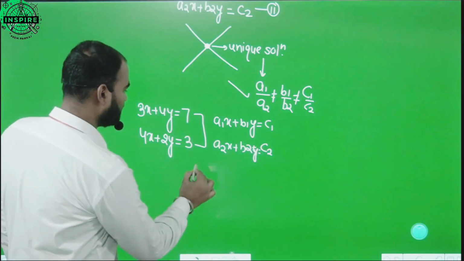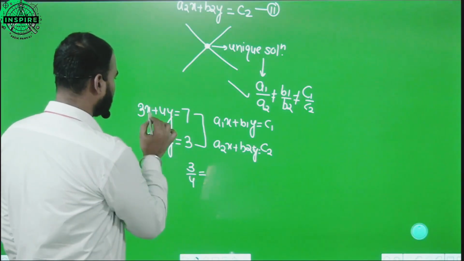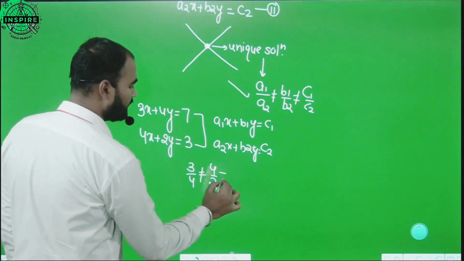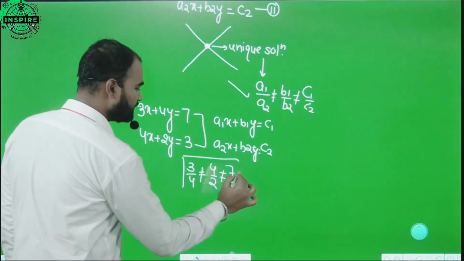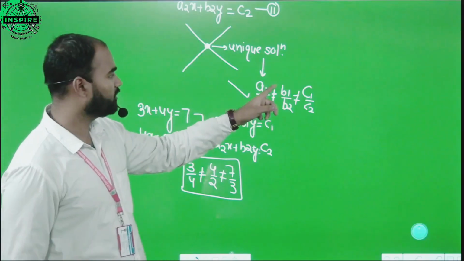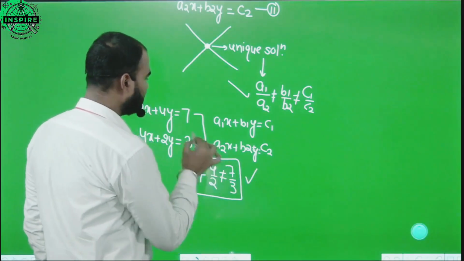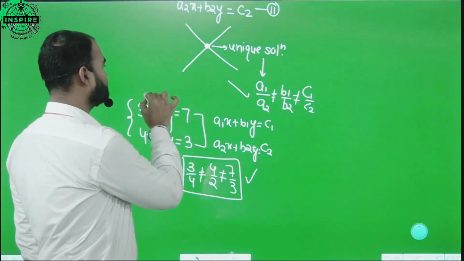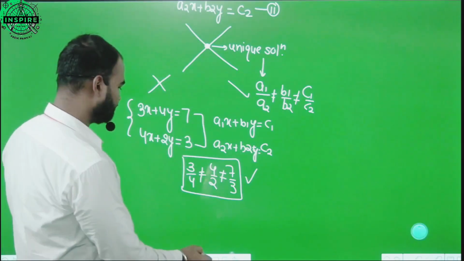Then we get a1 upon a2 is 3 upon 4, and b1 upon b2 is 4 upon 2. These are not equal, and not equal to 7 upon 3. We found this condition fulfilled, that is a1 upon a2 not equal to b1 upon b2 not equal to c1 upon c2. Then we conclude that this pair of linear equations gives a unique solution, meaning these two lines intersect only at one point.